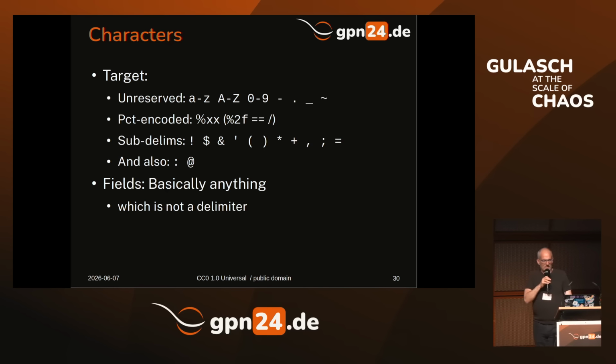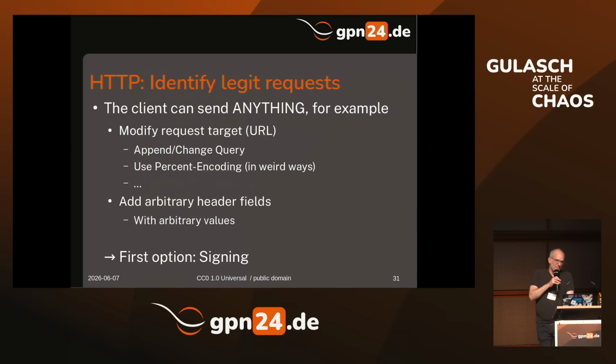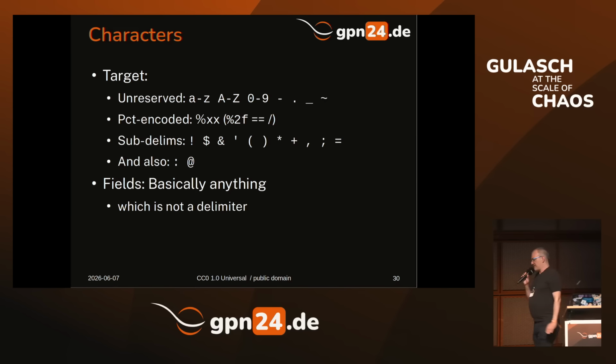This is interesting because it's mandatory only for some characters, but most servers accept it for all the characters. So that's one of the standard ways for adversaries to hide stuff they don't want you to see in your logs, and that they don't want your WAF to understand. Oh, and about the header fields, they can basically contain any data except the delimiters, which also makes it interesting.